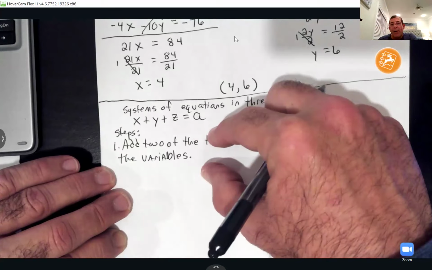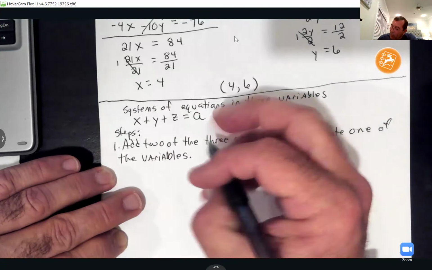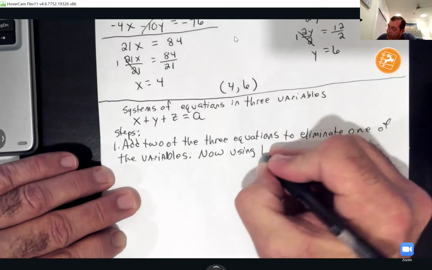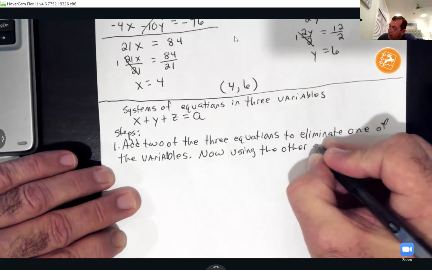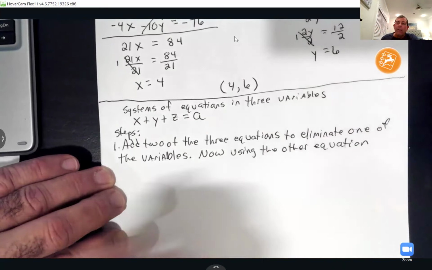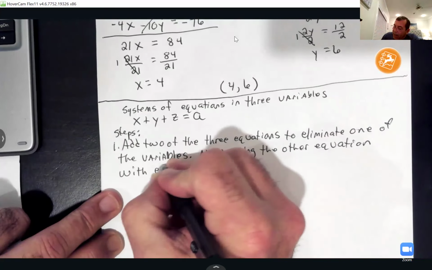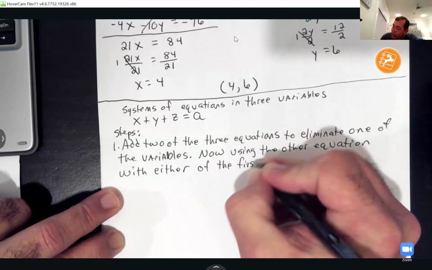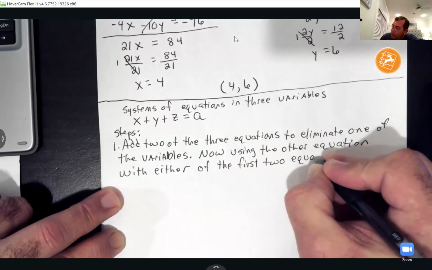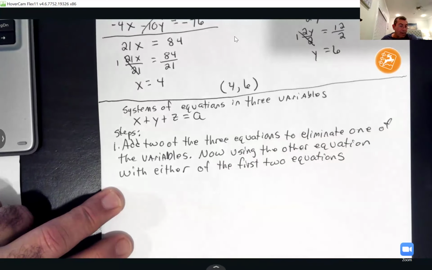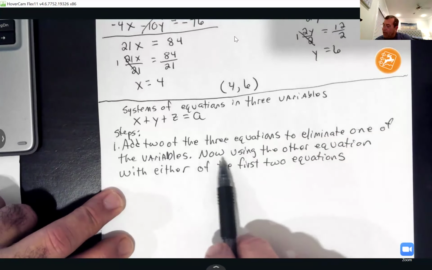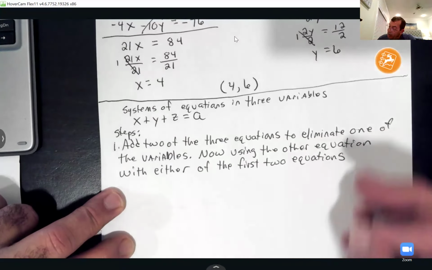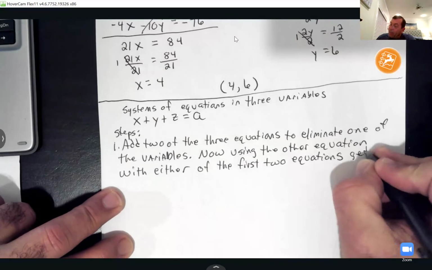If I use two of them here to eliminate one of the variables, what I got to do now, using the other equation with either of those two equations I just used, is get rid of the same variable.